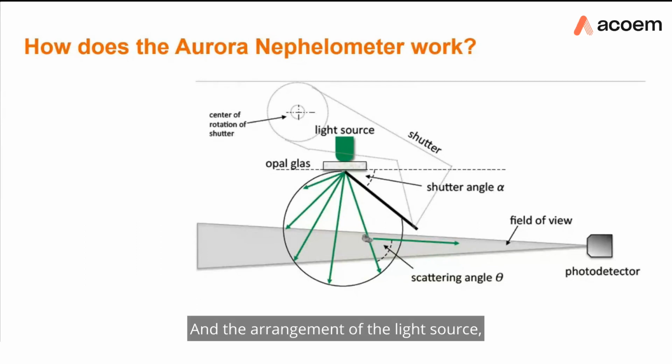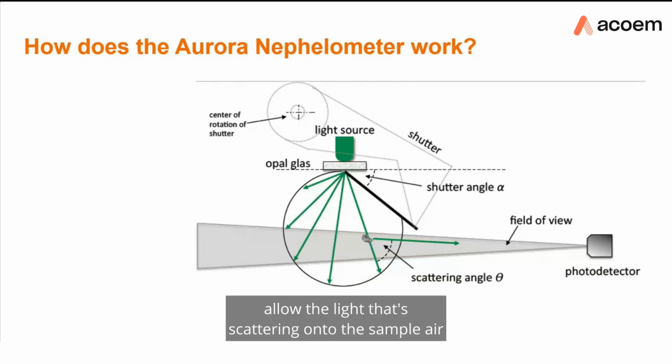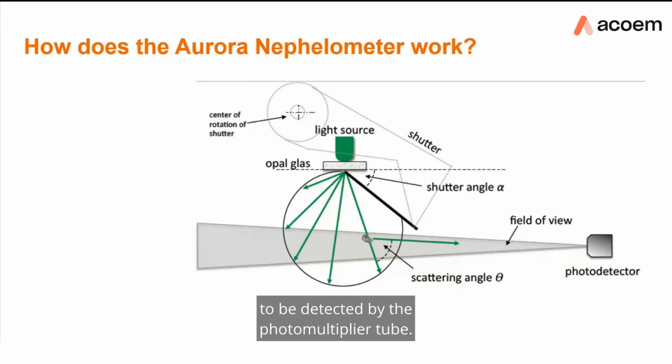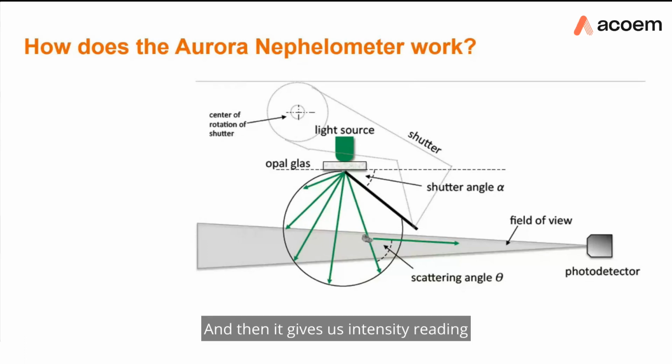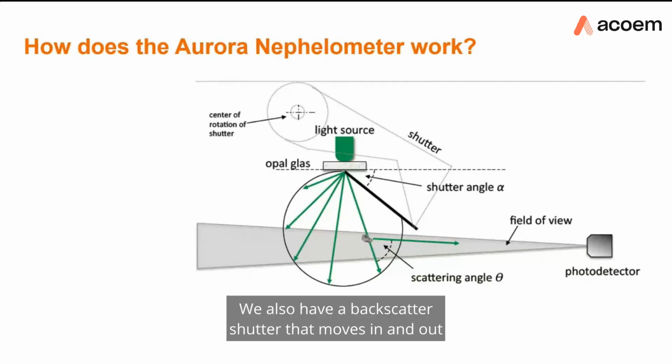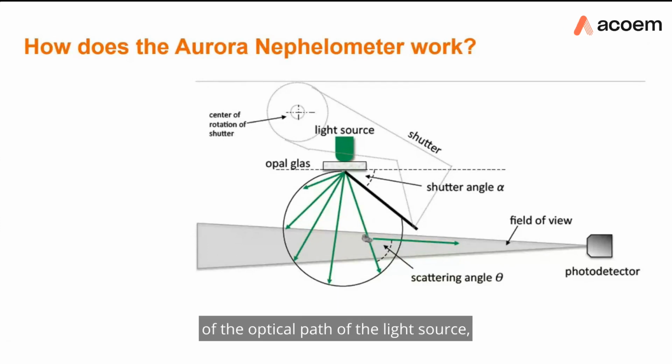The arrangement of the light source with the photomultiplier tube allows the light that's scattering off the sample air to be detected by the photomultiplier tube, and then it gives us an intensity reading in relation to the amount of particulates that are in the optical path there. We also have a backscatter shutter that moves in and out of the optical path of the light source, and that changes the integration angle of the nephelometer.